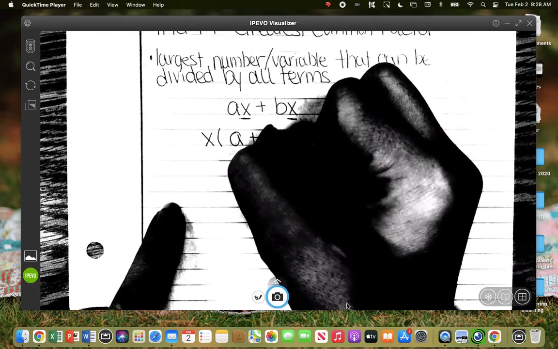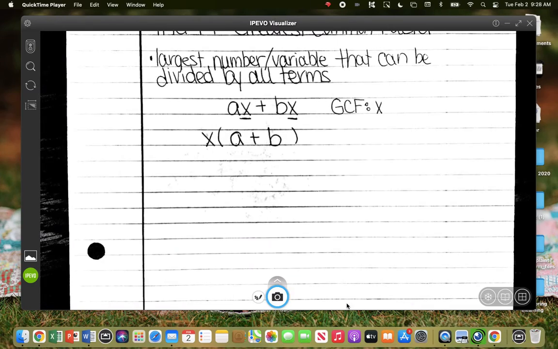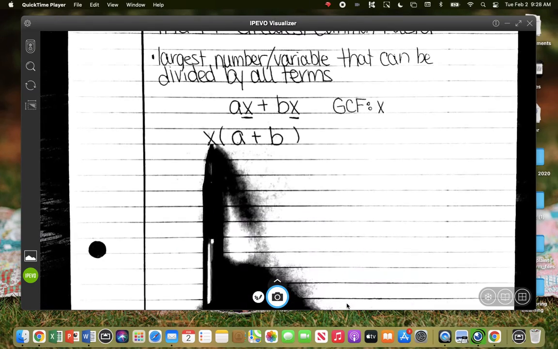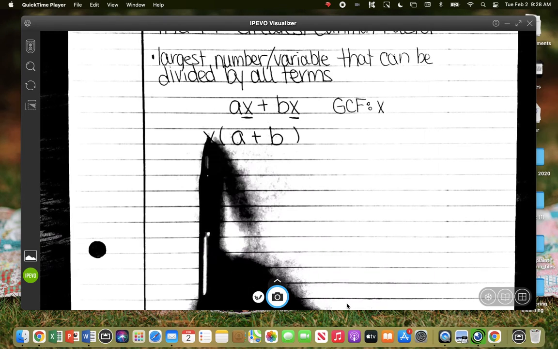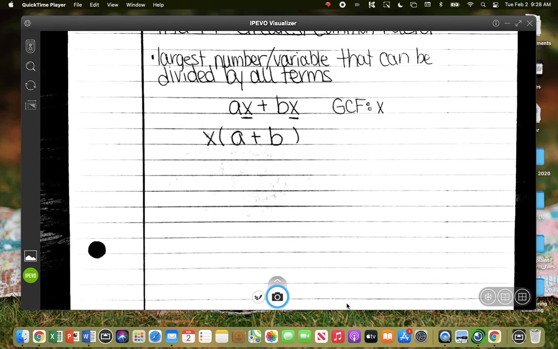B. You just ask yourself, if you distributed the X back in, would you get AX plus BX? That's all we're doing today: finding that greatest common factor. Sometimes it'll be a number, sometimes a variable, sometimes a mix of both. We take the greatest common factor out, and what's left over goes inside the parentheses.